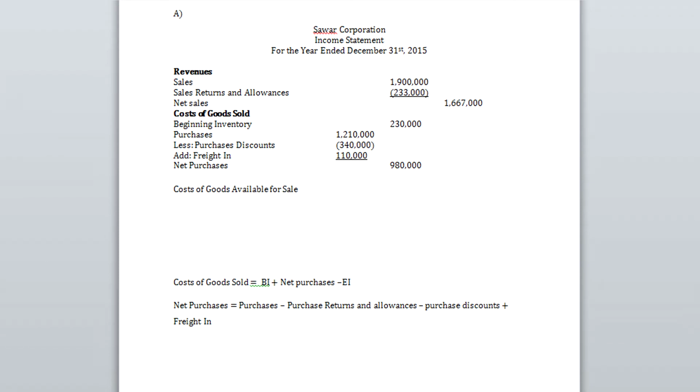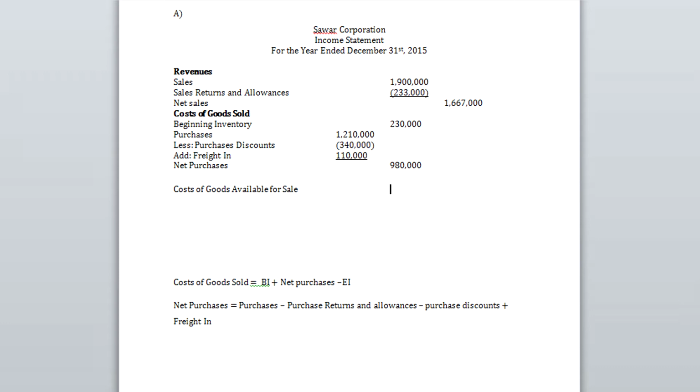If you take beginning inventory and then add net purchases, you actually get this term called cost of goods available for sale. Beginning inventory plus net purchases equals cost of goods available for sale.